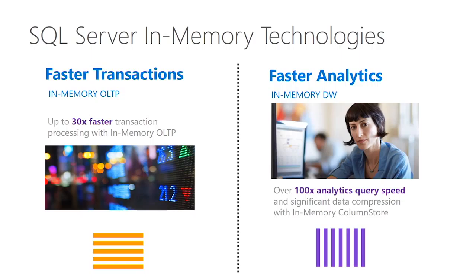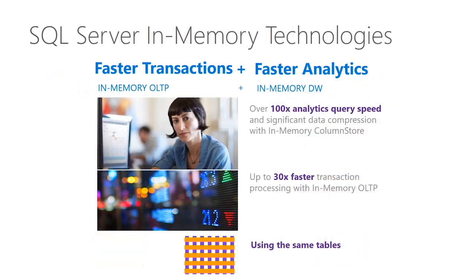In SQL Server 2016, we have combined in-memory OLTP with the columnstore technology to give you a combination of both in-memory OLTP as well as in-memory analytics. This combination can be used to deliver very high transactional performance and, at the same time, very high analytics performance. And SQL Server is the first commercial vendor that has combined these technologies in a native way to deliver real-time operational analytics at very high performance.